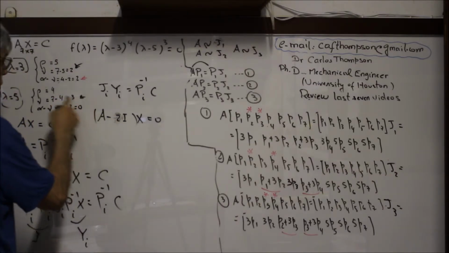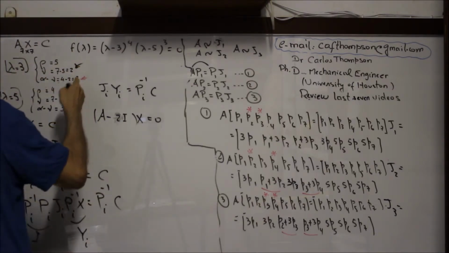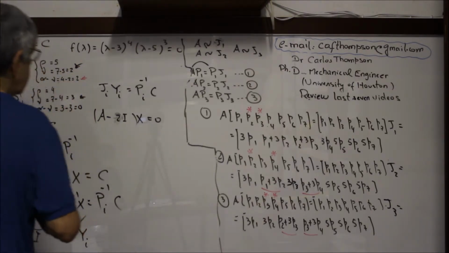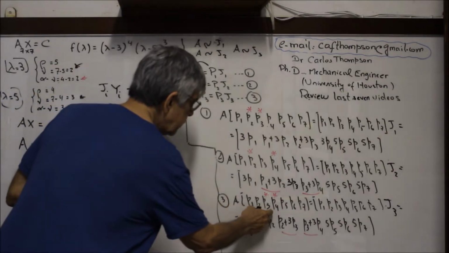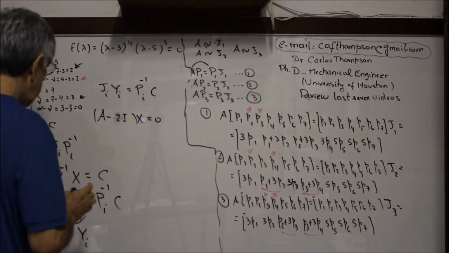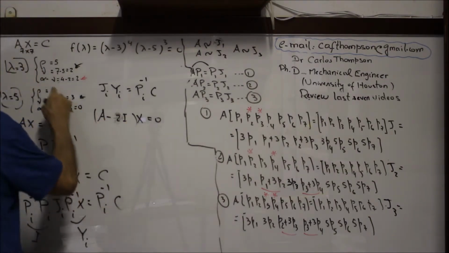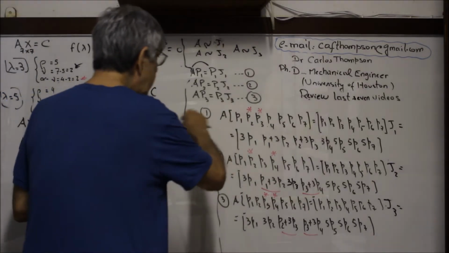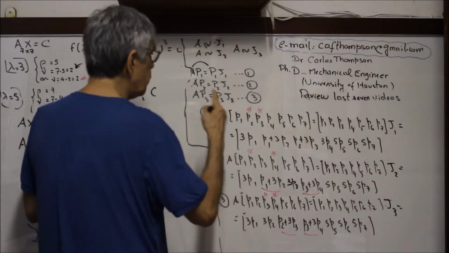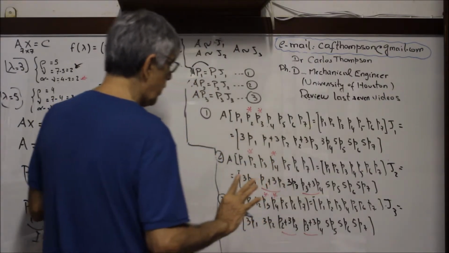From here I have two solutions, so then we'll have 4 solutions. Look here, P1, P2, P3, P4. Now, from here we get the solution, and from here we get two linearly independent eigenvectors. You see, for case 1, case 2, and case 3, we always have two generalized eigenvectors.